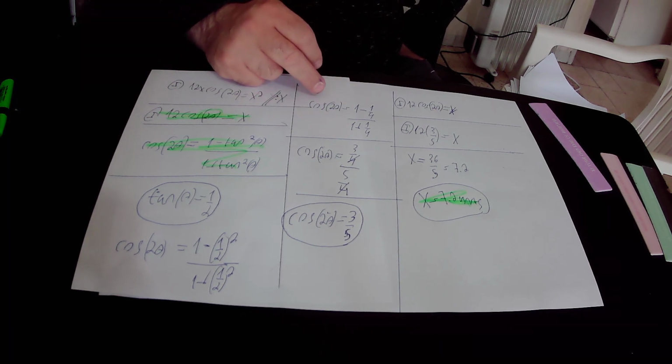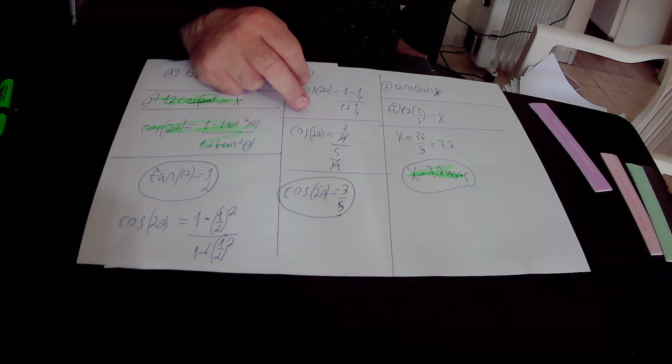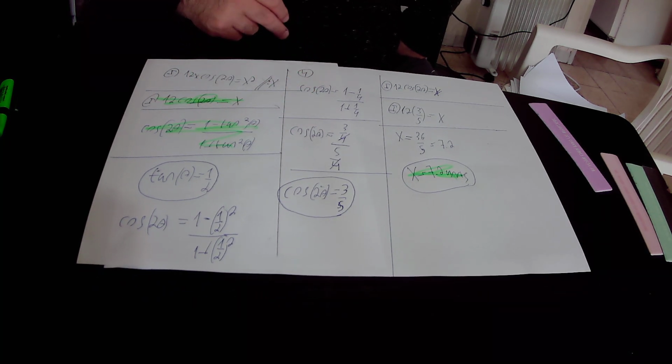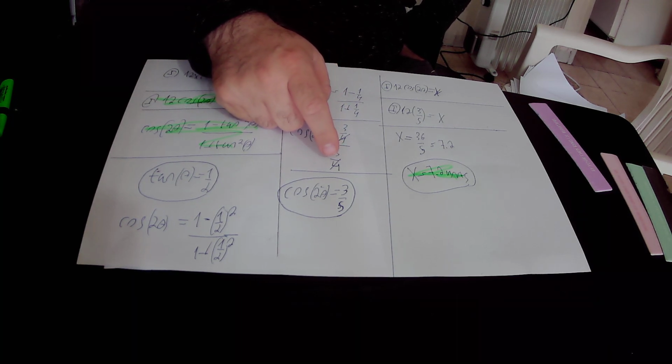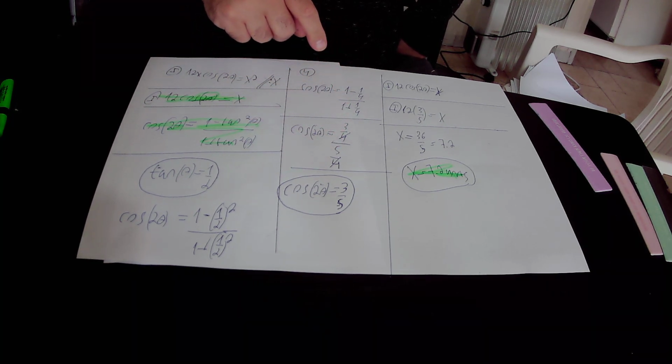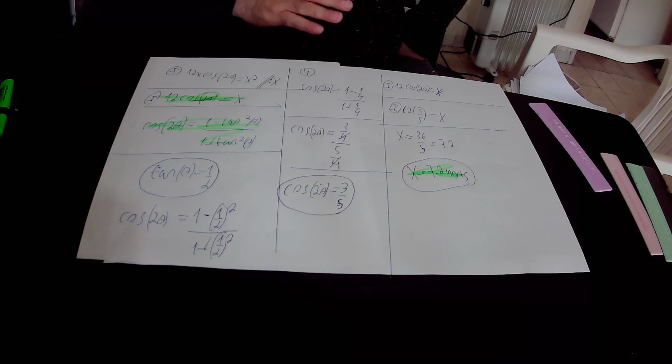So in conclusion, cosine 2 theta equals 3/4 over 5/4. Here we have 4 in the numerator and 4 in the denominator, so 4 will get cancelled, and we are left with cosine 2 theta equal to 3/5. So we found that cosine 2 theta equals 3/5.